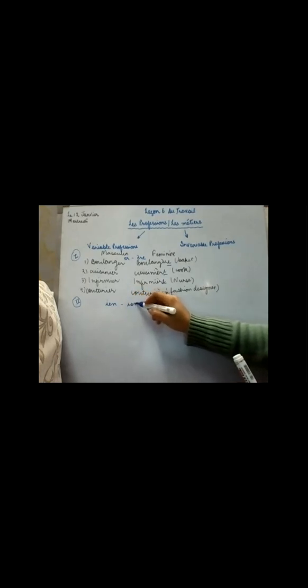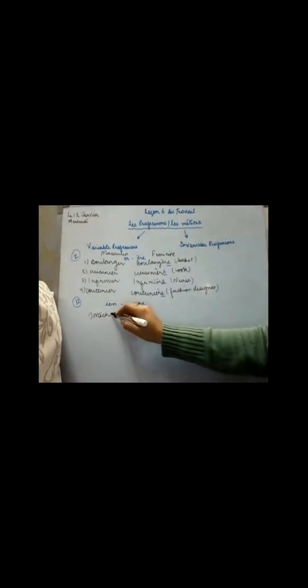Here you can write: professions which are ending with ER change to ERE. Professions which are ending with IEN will change to IENNE. First one is mécanicien.